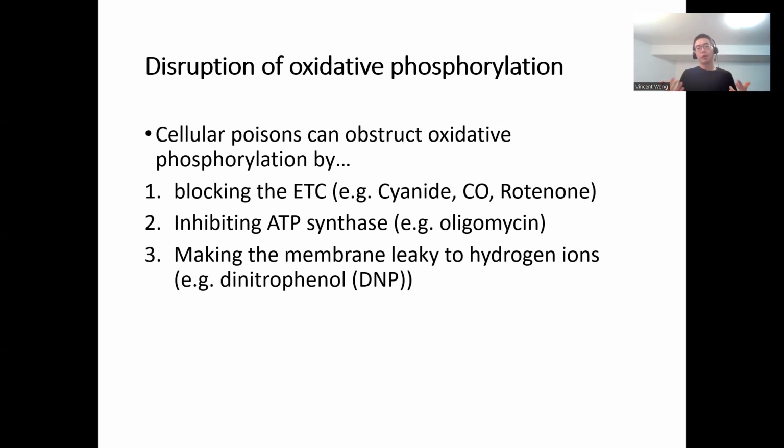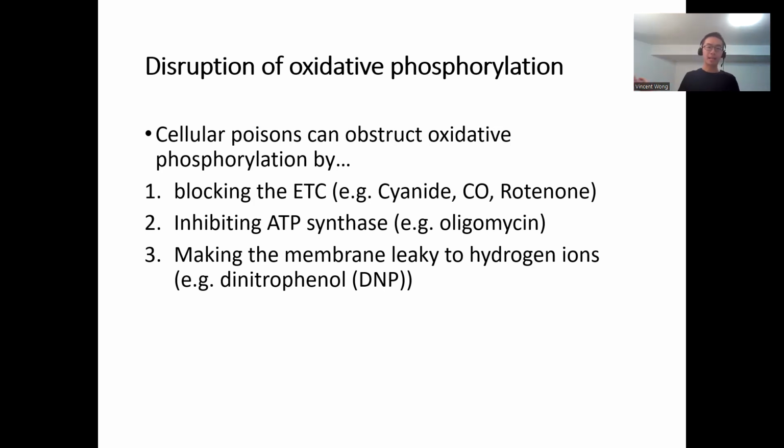So there are several poisons that can obstruct this process, and they could interfere with it in one of a few ways. Number one, it could block the ETC. I'll explain more in a bit, but if you block the ETC, the electrons can't flow, and if they don't flow, then you don't generate the DAMP, you don't generate the gradient.